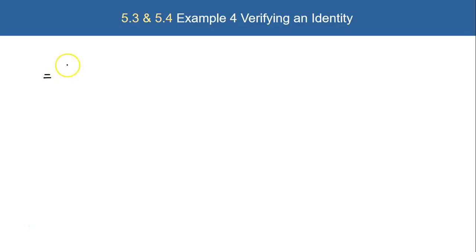Continuing that same problem, when we multiply straight across for each of those expressions, we are going to have this. We're going to have 1 plus tangent t, all squared.